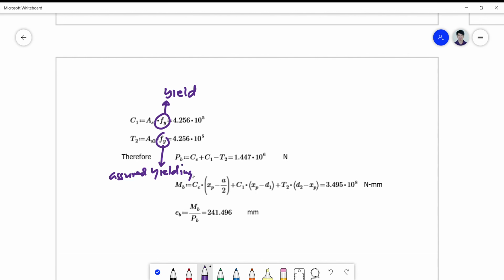Okay. So for the balance condition using equilibrium equation, so this is on the basis of equilibrium on top. We have PB is equal to CC plus C1 minus T2. You get now 1447 Newton. Okay, so if we want to convert it to kilonewton, this is 14.7. Automatically, this just cancels out, class, because they are the same, so this just cancels out.